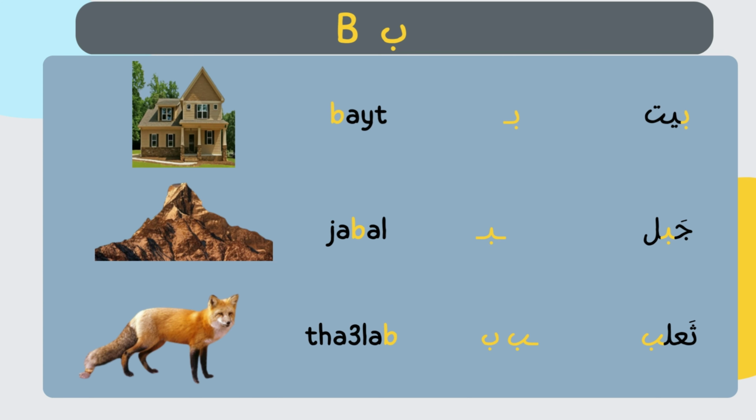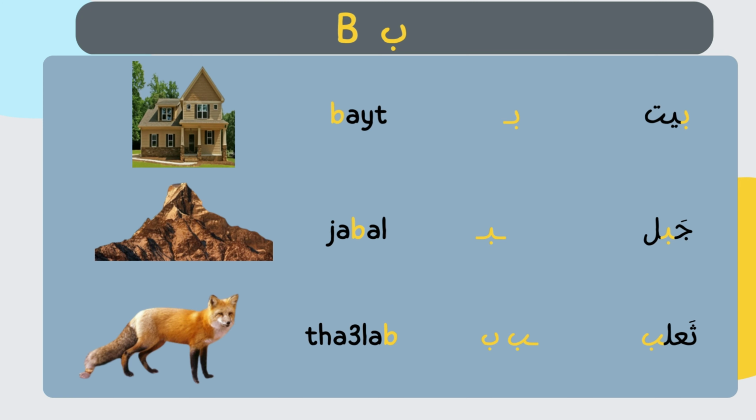It's j. Third word. This three, we pronounce it as th. We'll be talking about it, but now try as much as you can to pronounce it th. ثعلب, ثعلب.